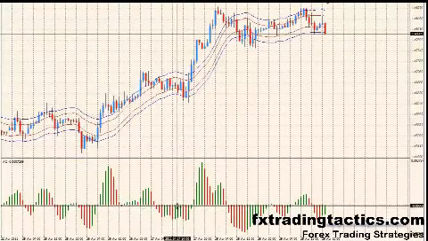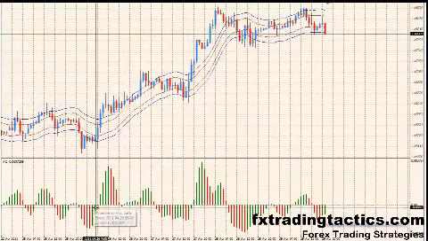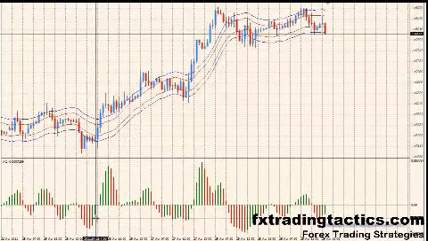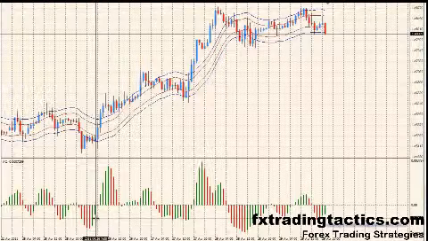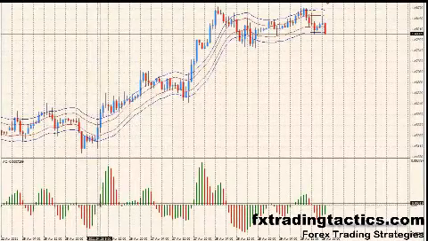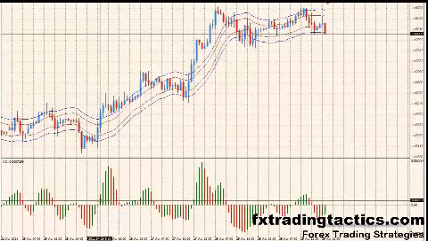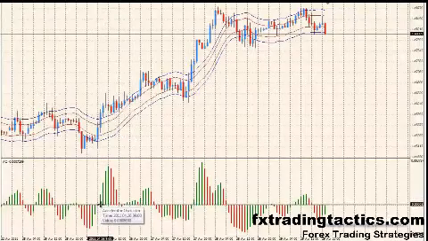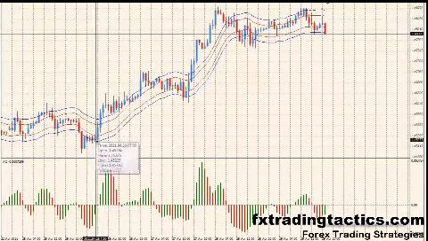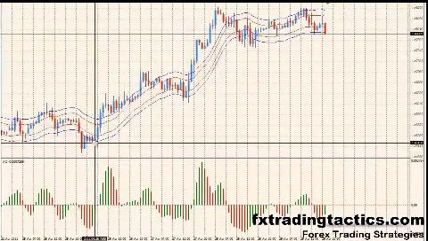Any time these green bars come below it, give yourself a heads up that this might not turn into a profitable trade, or you might not get much out of it. When the bar on the Accelerator Oscillator goes above the vertical scale and lines up with the close, that's a pretty good trade.